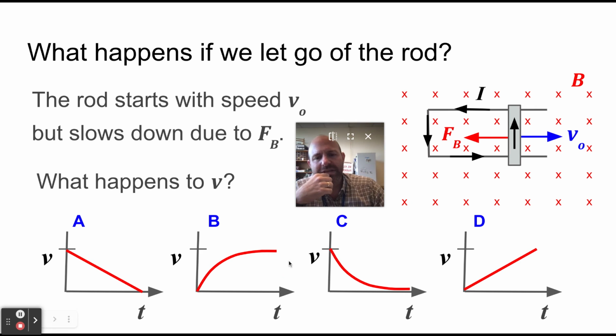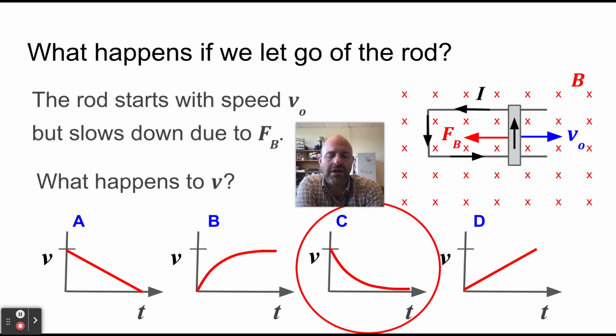Okay, but which of these makes the most sense, right? Will it decrease at a constant rate? Well, it will not, because that implies that the net force would be constant, a constant acceleration. But we know that the magnetic force depends on the velocity. So as it slows down, the net force will get smaller, and therefore the acceleration rate will be smaller. And so that's why C is actually our best answer.